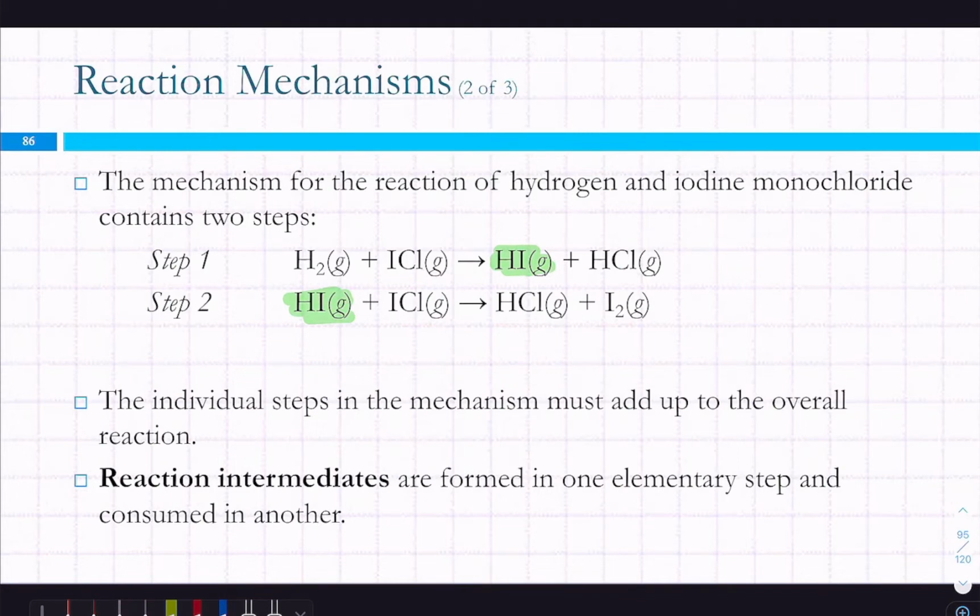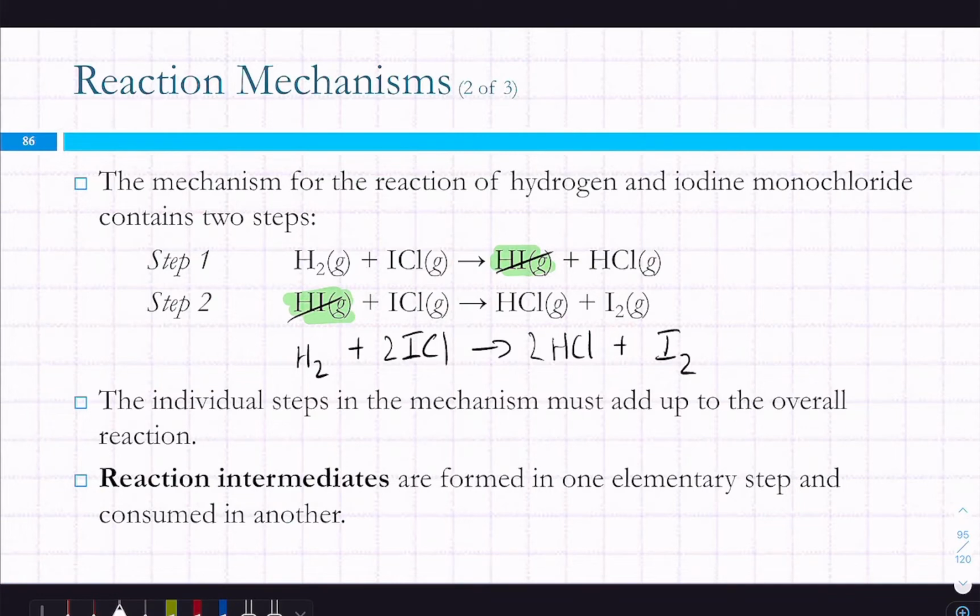Other things that aren't mirrored on either side in different steps will add together. So here the hydroiodic acid cancels out, and then we have H2 as a reactant, and because there's iodine monochloride there and here, we'll get 2 of those. So they add together. And then our products, because we have hydrochloric acid plus another hydrochloric acid, that'll be 2HCl plus I2.